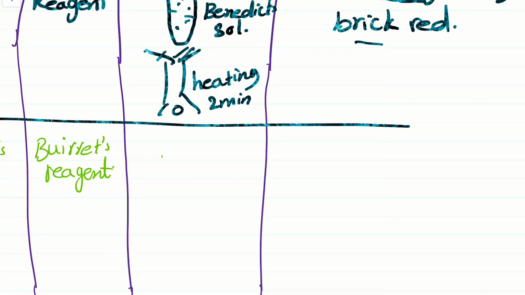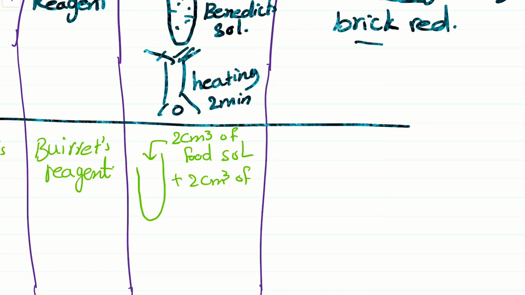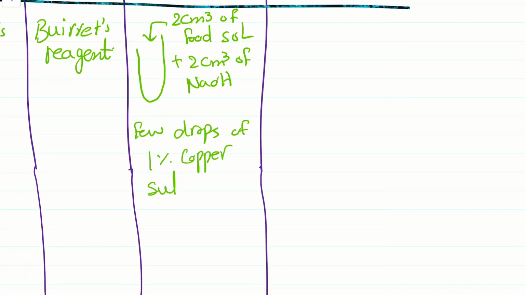We'll add 2 cubic centimeters of food solution plus 2 cubic centimeters of NaOH. Shake well and then add a few drops of 1% copper sulfate, which is blue in color.